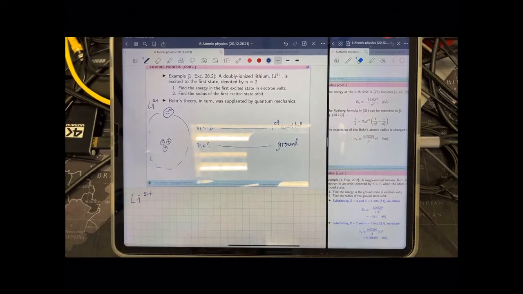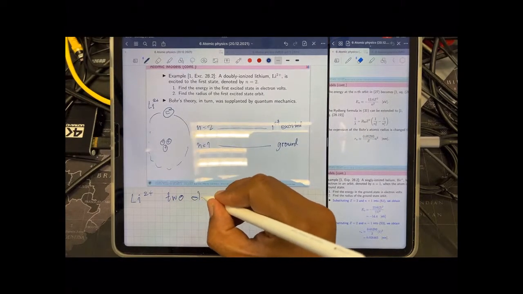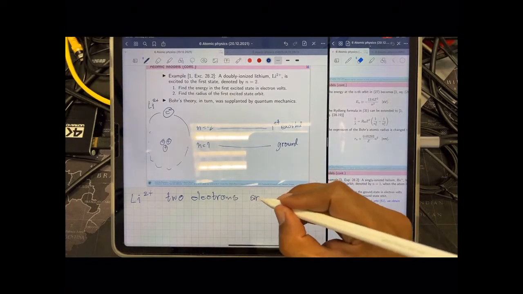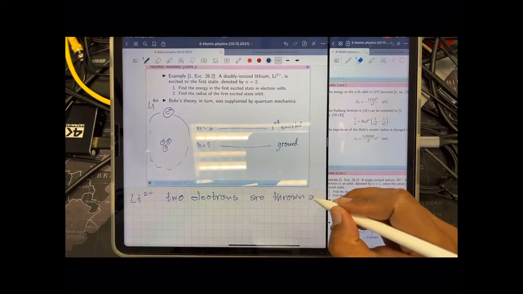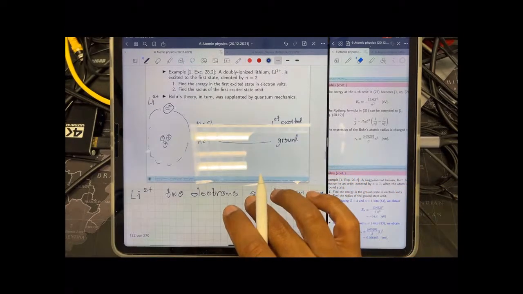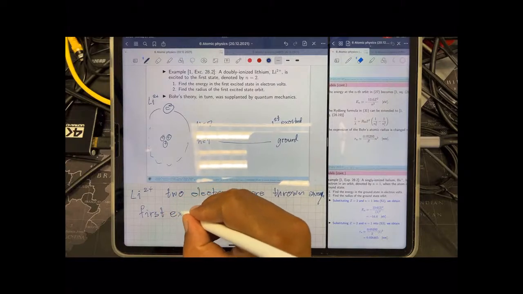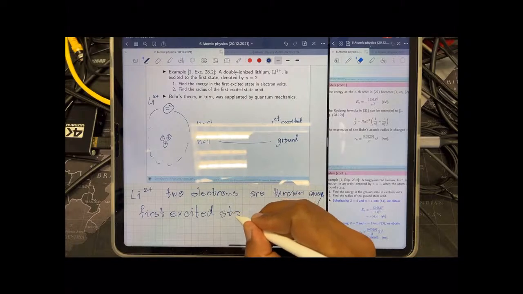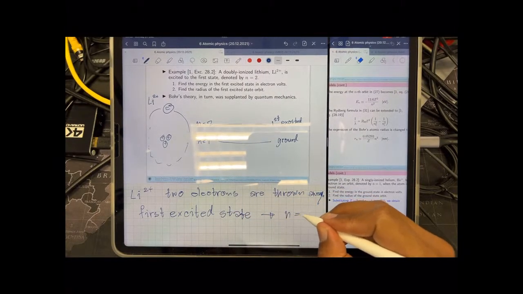Two electrons are thrown away, or missing. The first excited state means that we have n equal to 2.